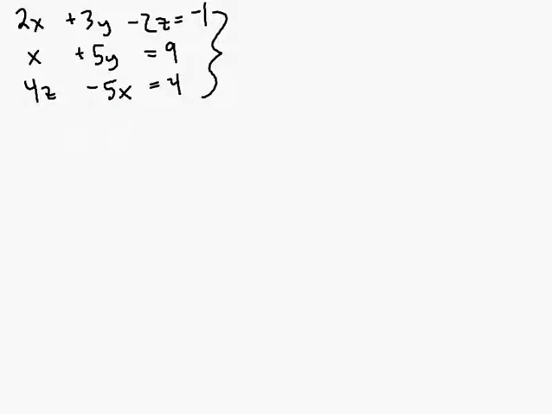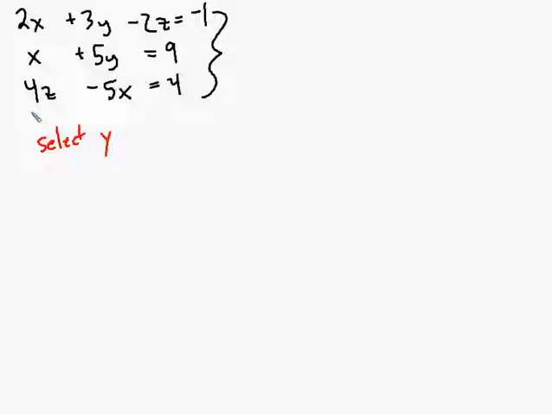I would do x simply because I have x's in all of them. But let's do this. We are going to have to use this one. Okay, and let's choose to eliminate y.